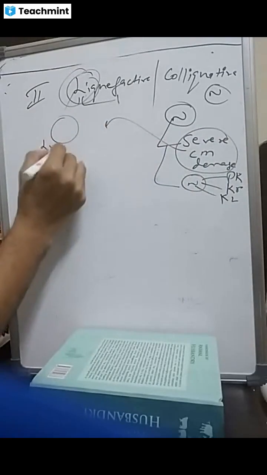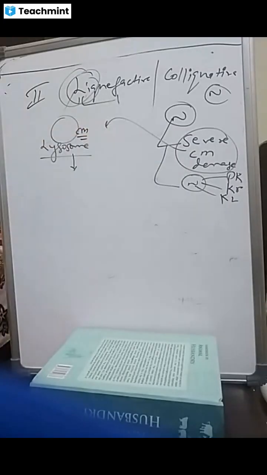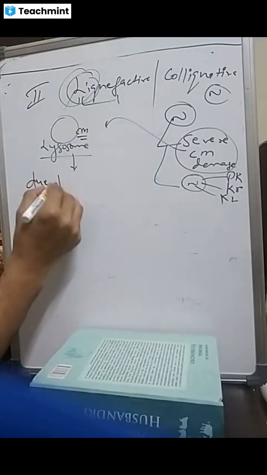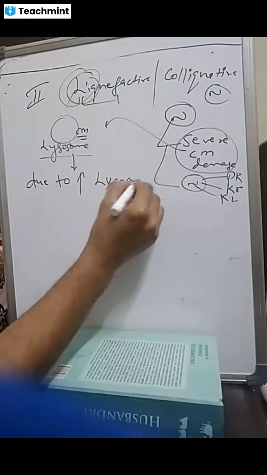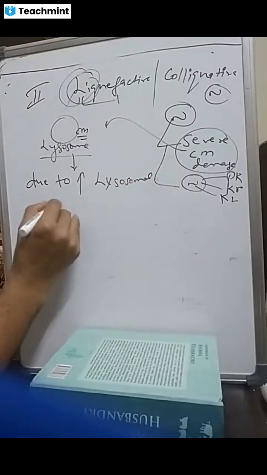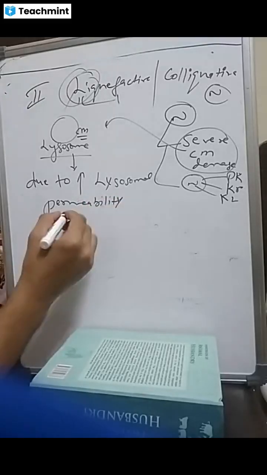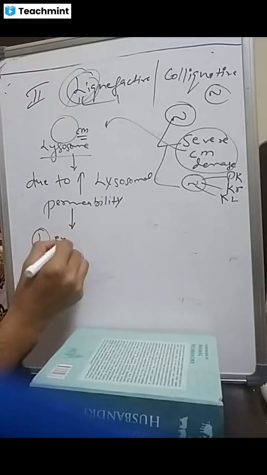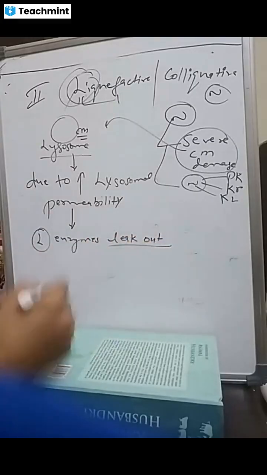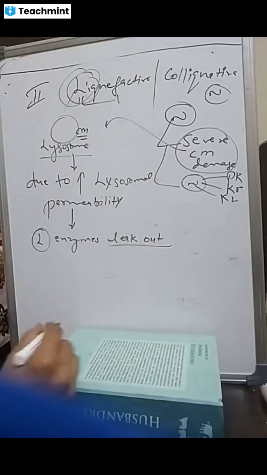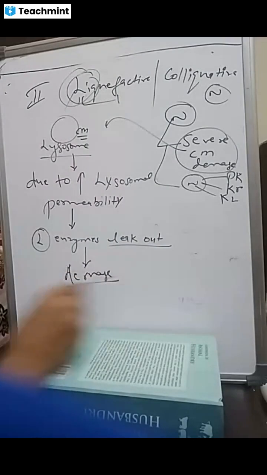The other thing is, because of severe cell membrane damage, these are lysosomes, and this is the lysosomal cell membrane. So due to increase in lysosomal cell membrane permeability, what happens? Lysosomal enzymes leak out and they cause damage.